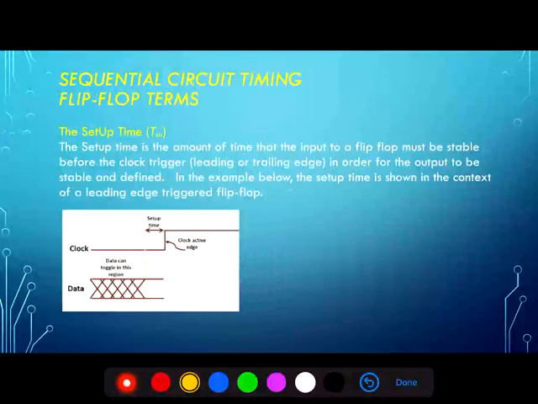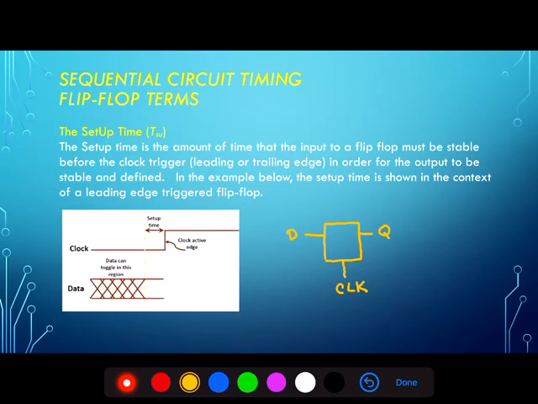The setup time is a parameter that's specific to flip-flops in sequential circuits, and that setup time is the amount of time that the input to a D flip-flop, or any flip-flop for that matter, must be stable before an active clock edge. So if we look at an example of a D flip-flop, where the input is D and the output is Q, and in this case, shown here, the clock is leading edge triggered.